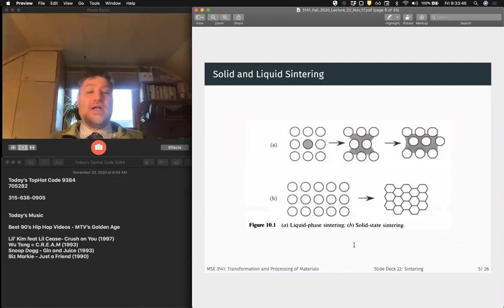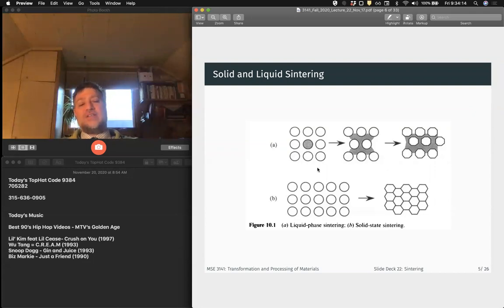Okay, so what exactly is happening during sintering, right? So in solid state sintering, we're going from a loose or a tight agglomeration of powders to a well-defined structure that is dense without any porosity. And notice that we have a volume change, things shrink, right?